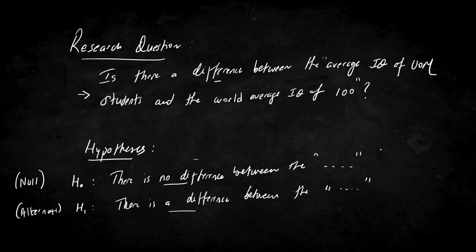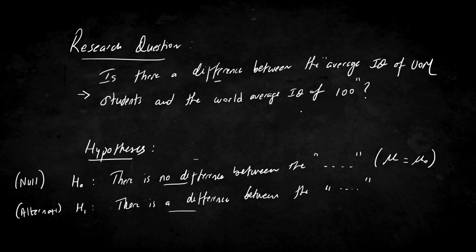What we can express in symbols is simply here what we're saying is that mu is equal to mu naught, so the real average IQ of UM students represented by mu is equal to the assumed mean value, which is a world average here, and the test value, as we can call it.